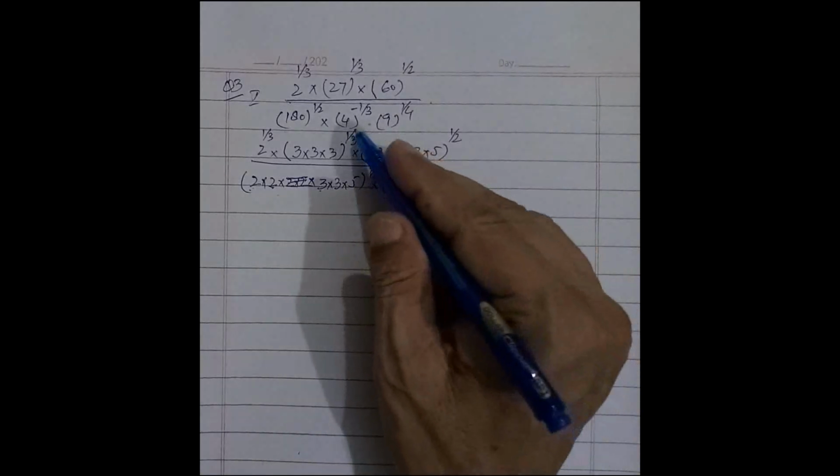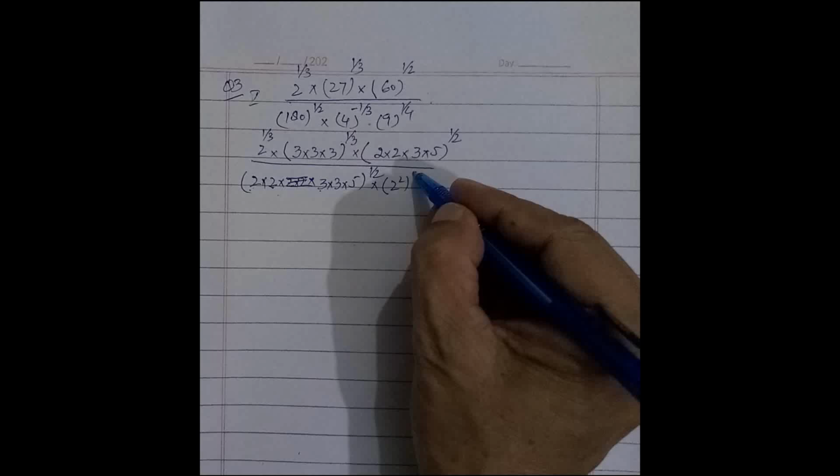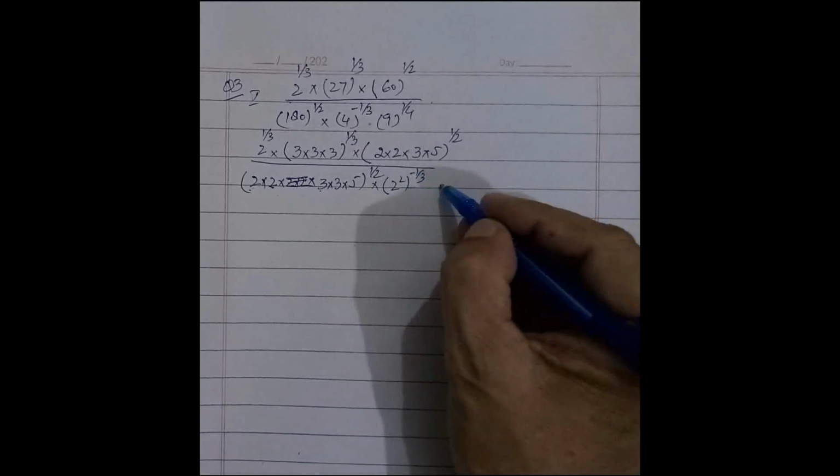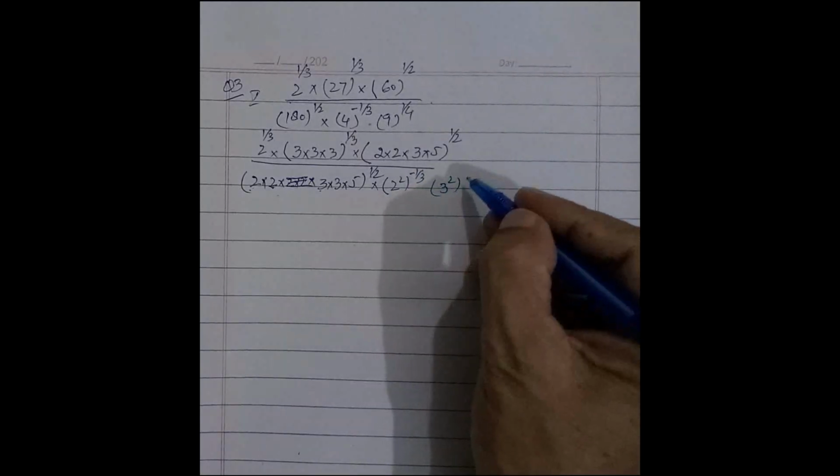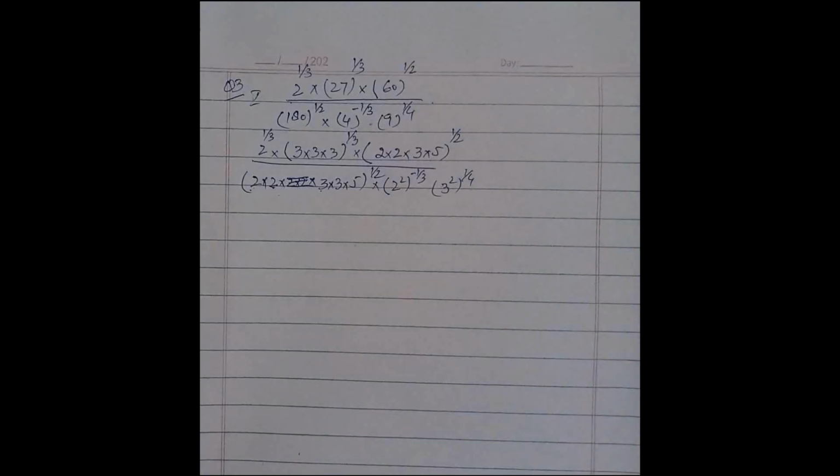And the other is 4, meaning 2's power 2 whole power minus 1 over 3, and 9, 3's power 2 whole power 1 over 4.